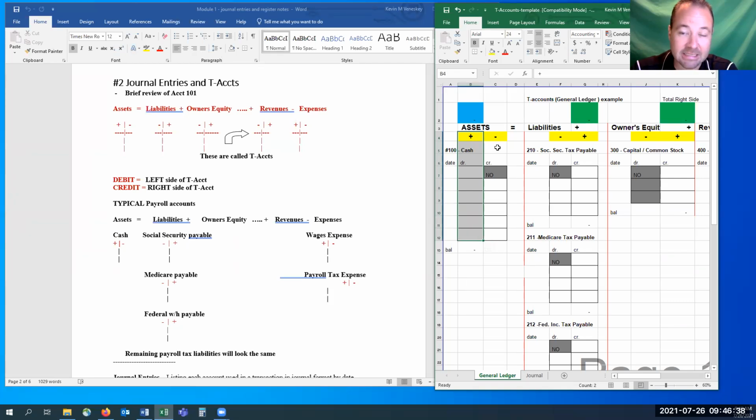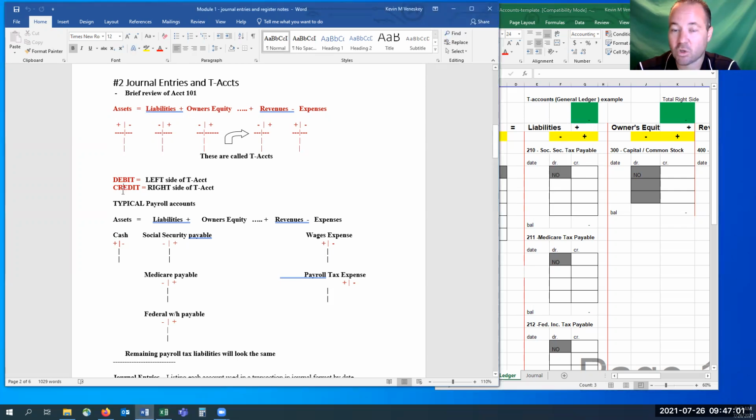Now, for an asset, a debit happens to be a plus, but that's not always the case, because if we come over here to a liability, something that you owe, a debit on the left side is a subtraction. Whenever you debit an account, you're lowering your liability on what you owe. Just the opposite then is on the right side of the account is called a credit.